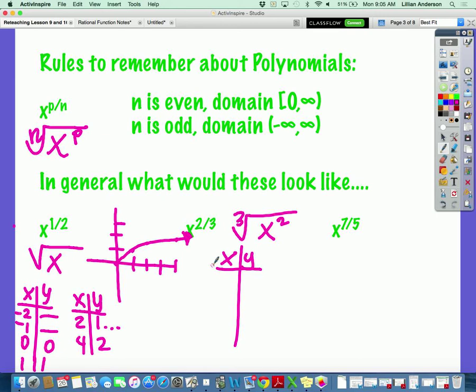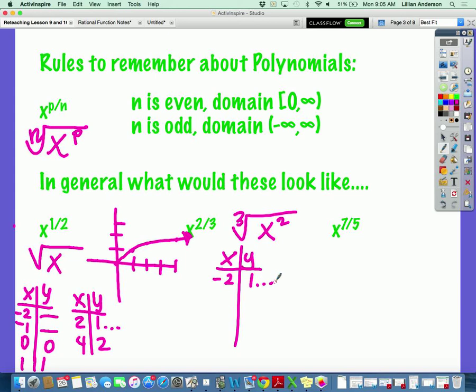Okay. When I plug in -2, what's -2 squared? A positive 4. Can I take the cube root of positive 4? You could try. It doesn't exist. The cube root of 4, is it a number or is it undefined? It's a number. 1 and some change, okay?